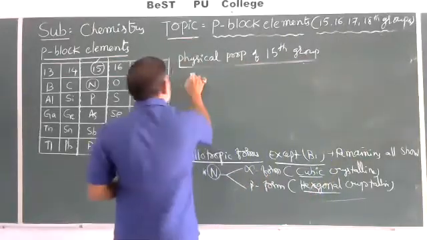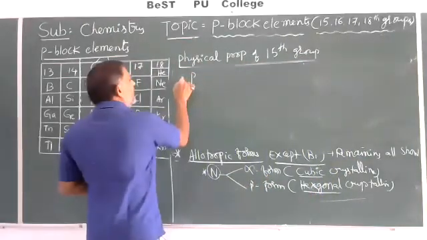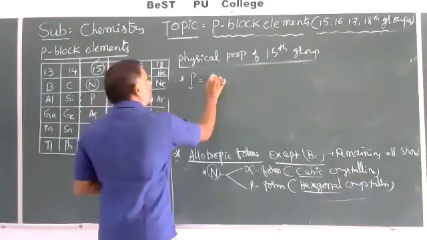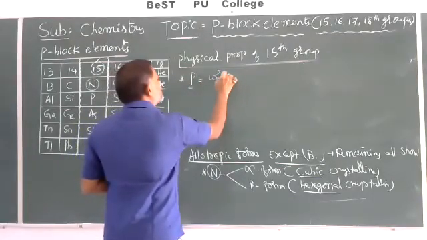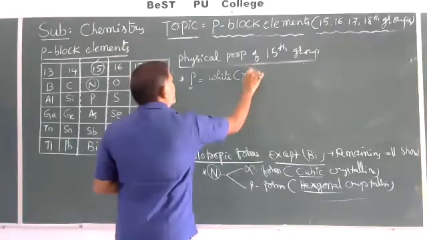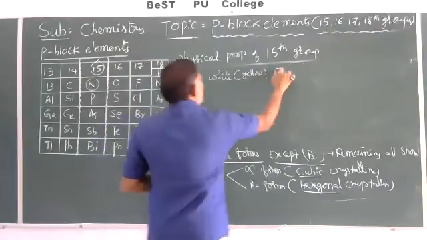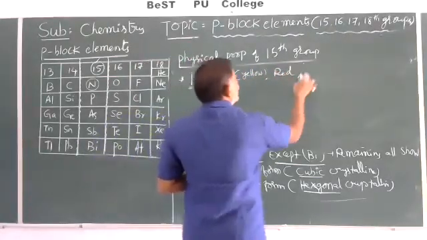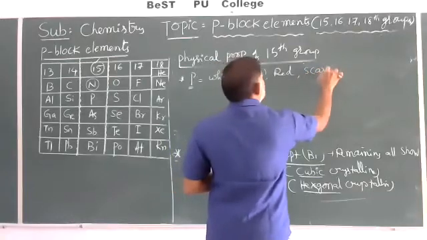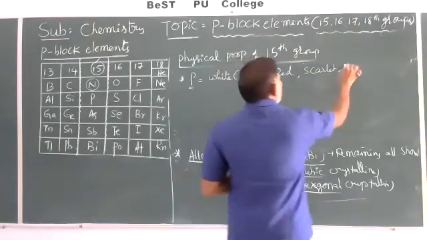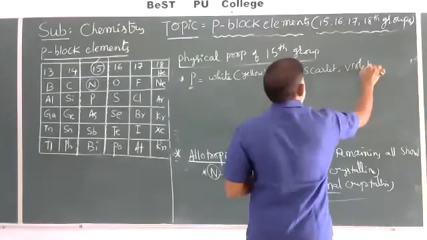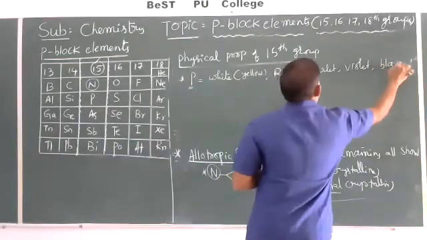Here phosphorus generally shows white phosphorus, or also we can say slightly pale yellow phosphorus, red phosphorus, scarlet phosphorus, violet phosphorus, and black phosphorus.